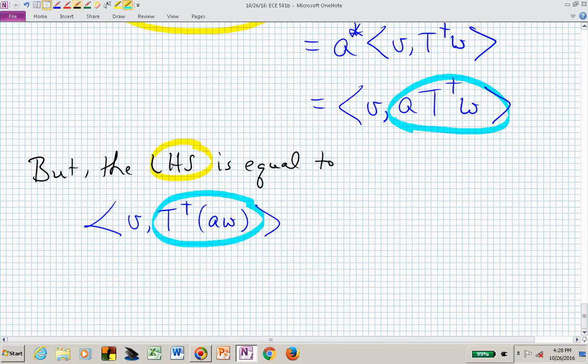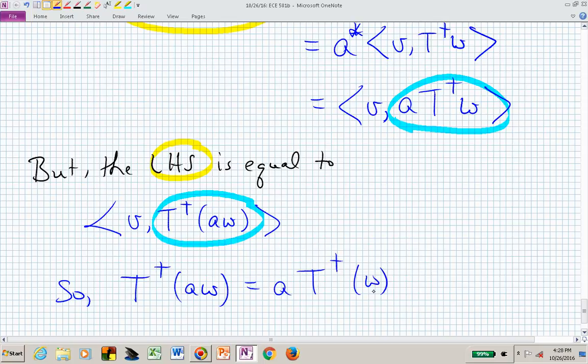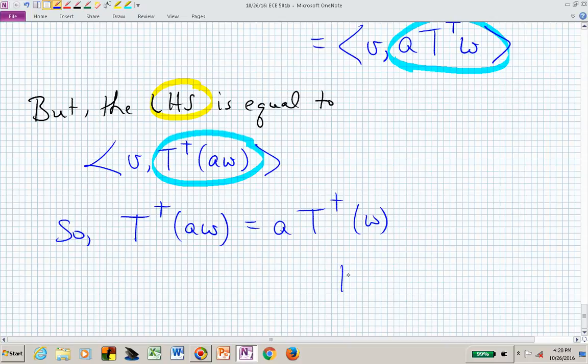So now I can conclude T dagger of aW is equal to a T dagger W, and that's the homogeneity that I was looking for.